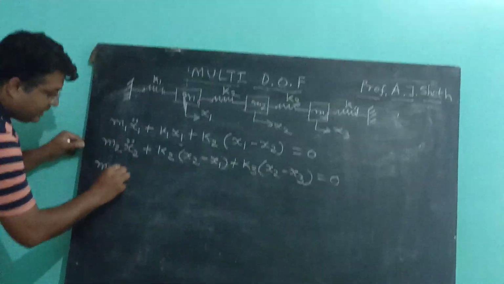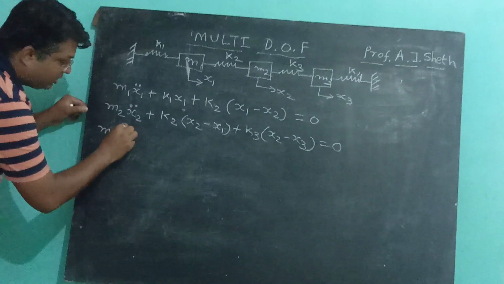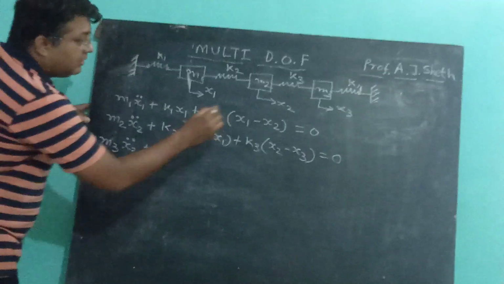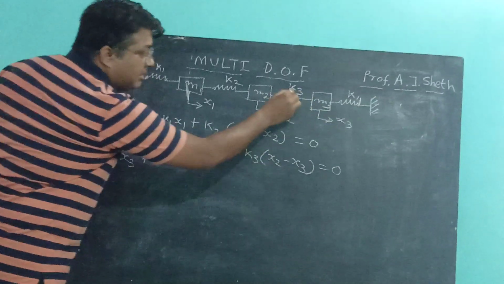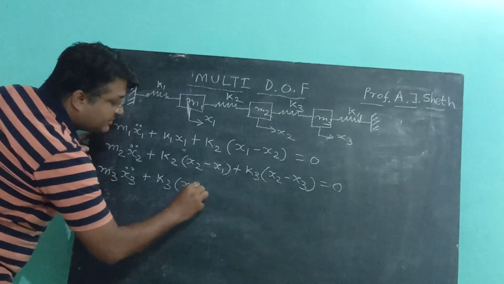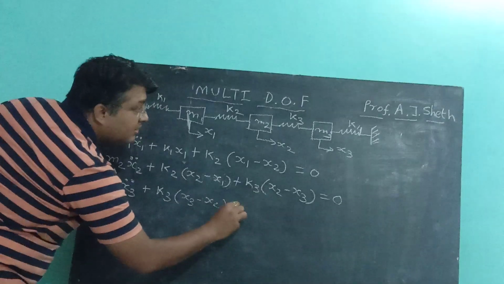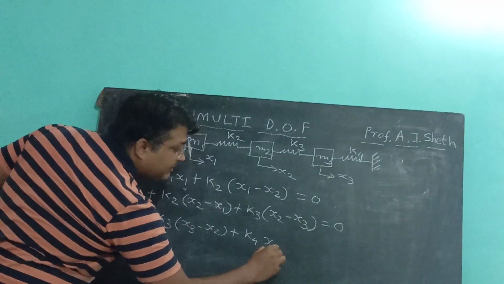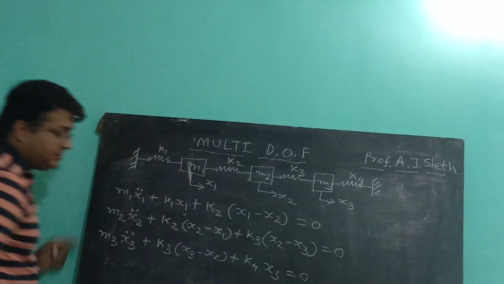For mass 3: m3 x3 double dot plus K3 (x3 minus x2) plus K4 x3 is equal to 0. K4 is strictly under the influence of x3 only.